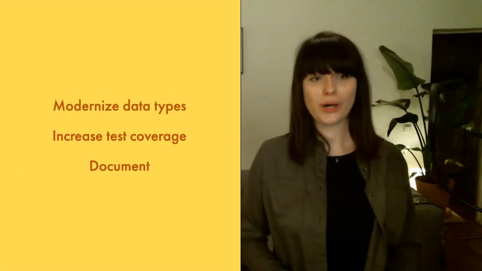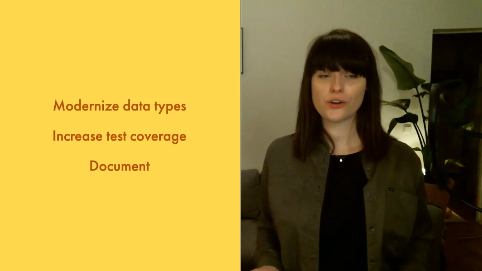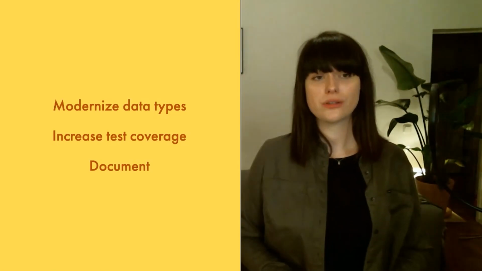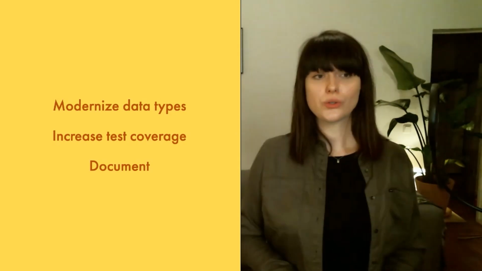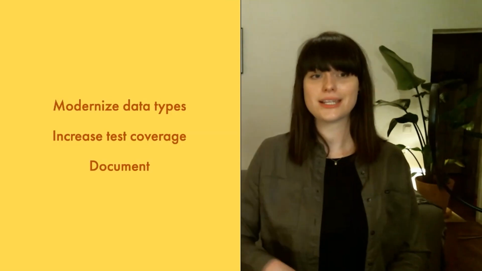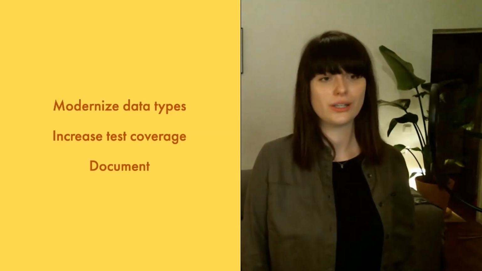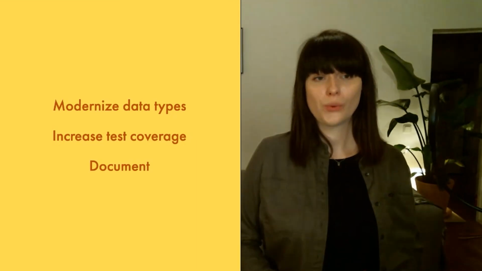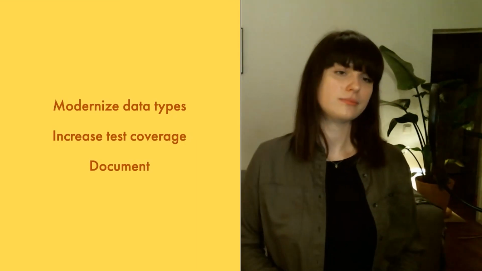Well, at Ableton, while working in a particular area of code, we're encouraged to replace legacy data types with modern equivalents and to increase test coverage in areas that we're touching. While adding new tests, maybe we can also cover some of the old code. Fill in the gaps in the documentation once we've understood a concept.